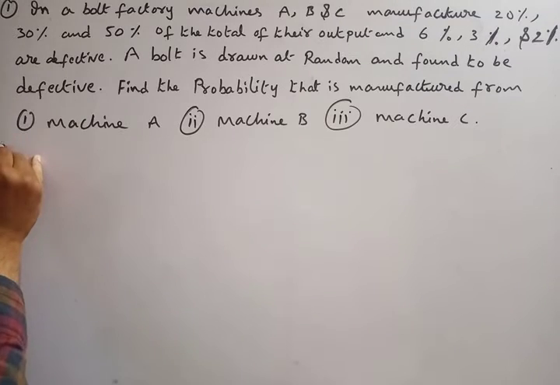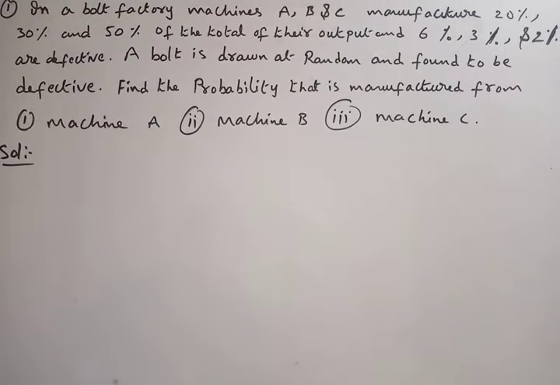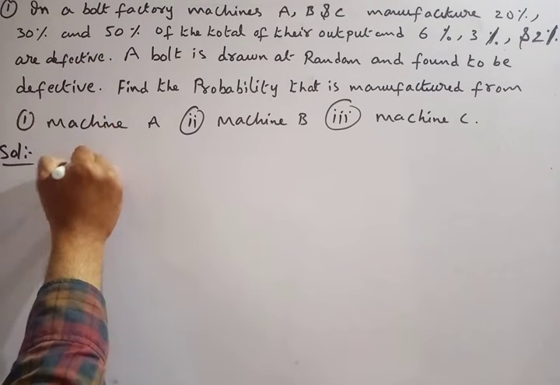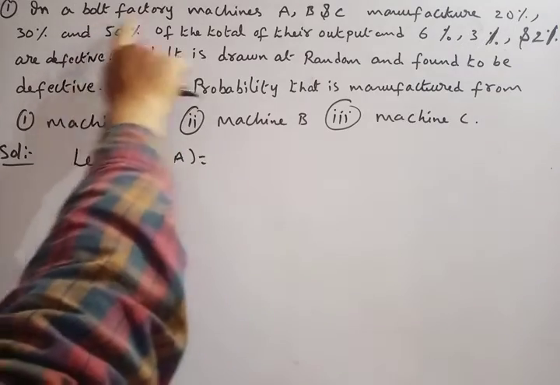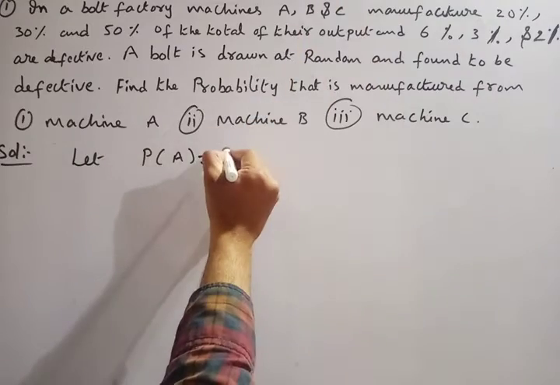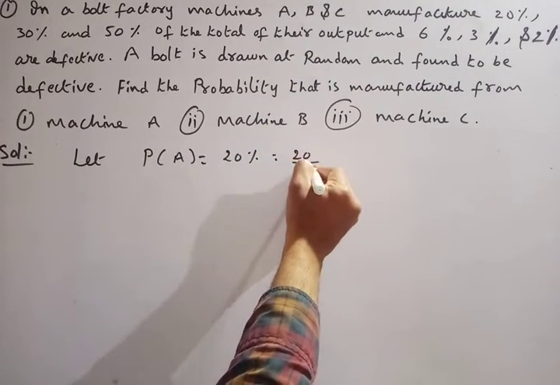So first of all, see here, the manufacturing probabilities of machines A, B, C. What do we have to take here? I am taking P of A. What is P of A? The manufacturing probability of machine A is 20%, that is 20 by 100.